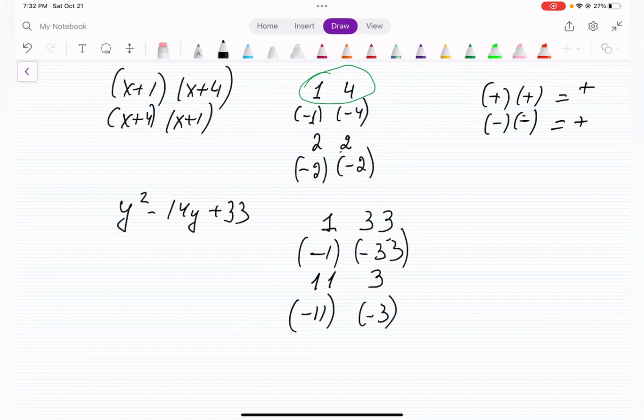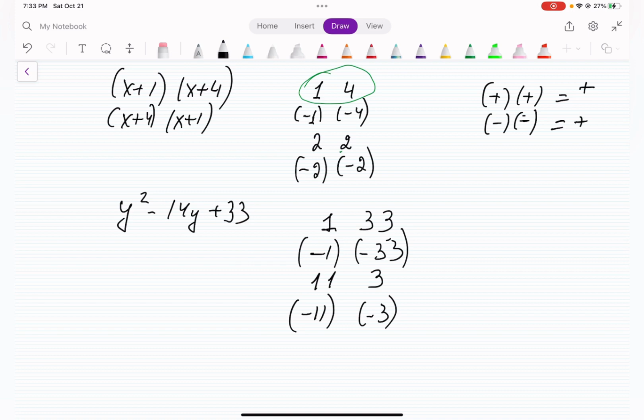Now let's see which pair of numbers is going to give us -14 if we put together. Why I don't say add together or subtract, because in some cases we add, in some cases we subtract. It depends on the sign, positive and negative, right? So that's why I use the words put together, combine.